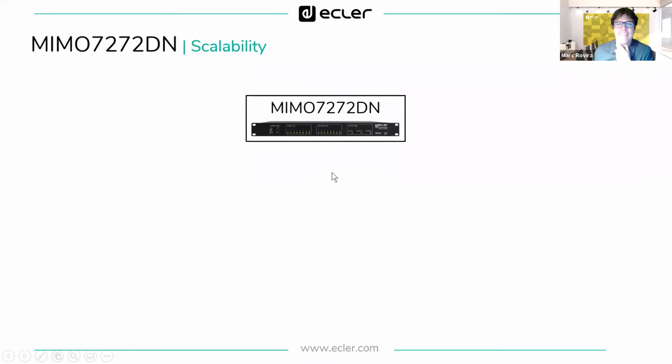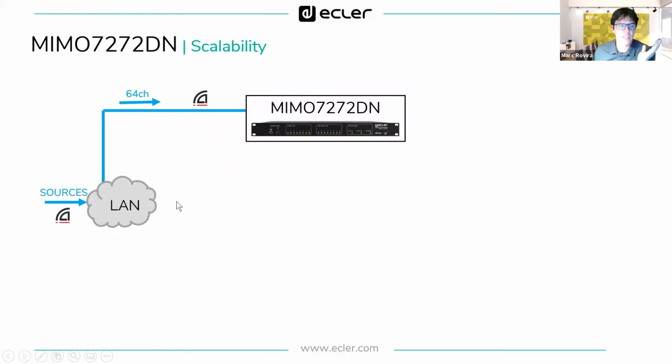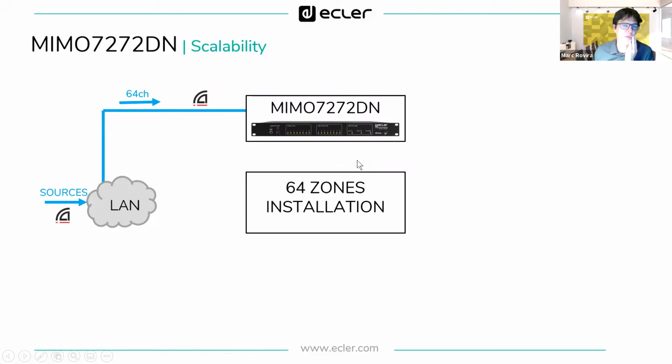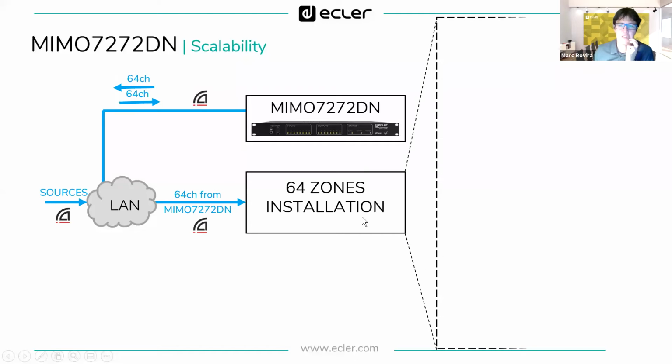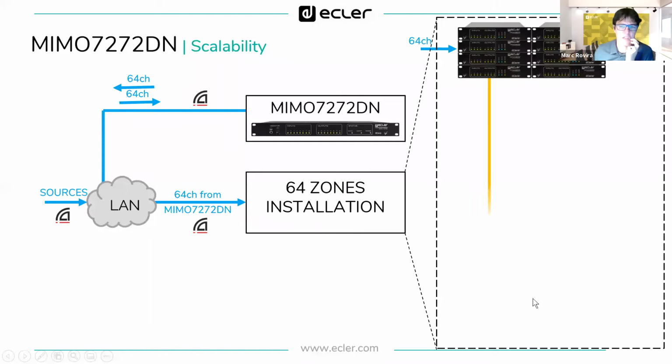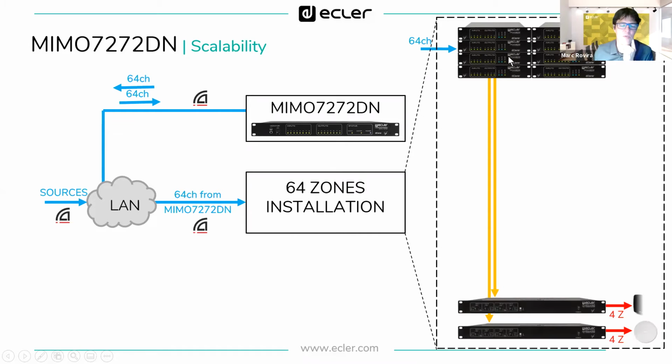We've got a 7272 The End, and if we want to make an installation with this, we connect the Dante signals onto the network, for example, and we've got some sources getting into the matrix. We get out of the matrix in digital to a 64 zones installation. Here we will find all the amplifiers, the loudspeakers, the digital to analog converters if they are needed.